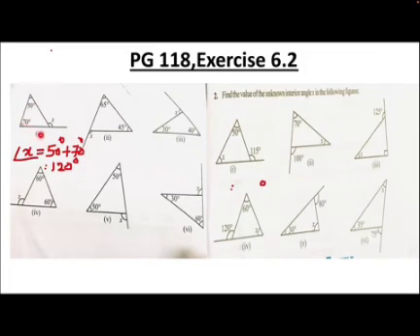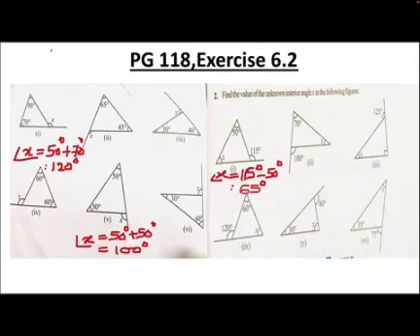According to the property, the exterior angle, that is X, is equal to 50 plus 70. What are these 50 plus 70? They are interior opposite angles, the total is 120 degrees. Okay. So I have given you some example problems. You can solve the rest. They are very, very simple, children.